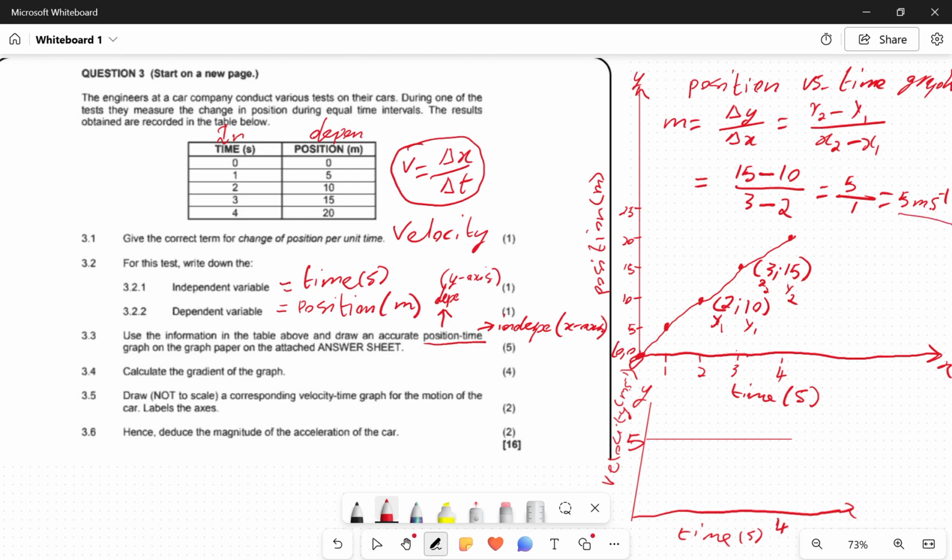Remember, we found this for 3.4. So that's our constant velocity. I hope this makes sense. All right, this is our velocity versus time graph. This line that is straight or flat represents our constant velocity.